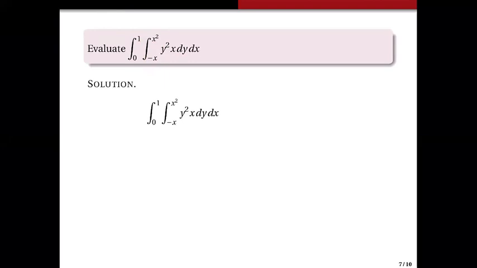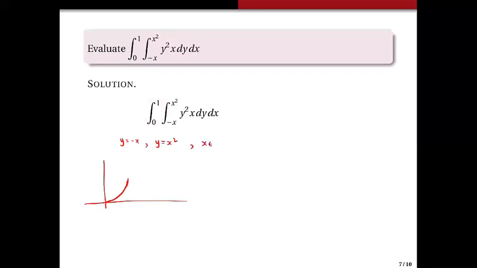Suppose we are interested in the region itself. So if you try to graph this, you have here, first, your y equals negative x, and then the other one, you have your y equals x squared. Your y equals x squared, it's something like this. And your x runs from 0 to 1.